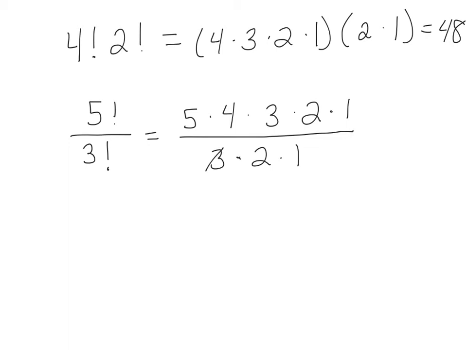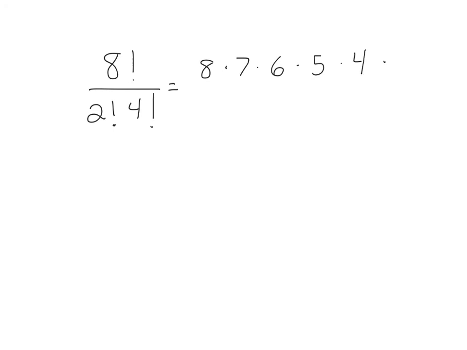Since there's a 3 up top and a 3 on the bottom, they cancel. 2 up top, 2 on the bottom, they cancel. You have the 1 up top and the 1 on the bottom, so they cancel as well. Which simply leaves me with 5 times 4 up top, which is 20. So 5 factorial over 3 factorial basically boils down to 5 times 4 because things cancel out.